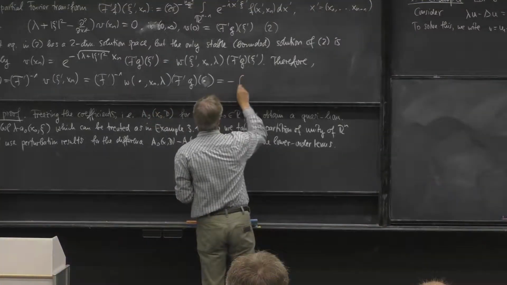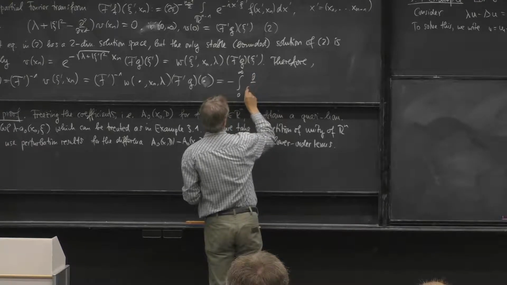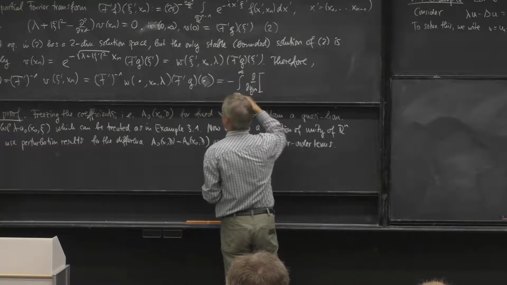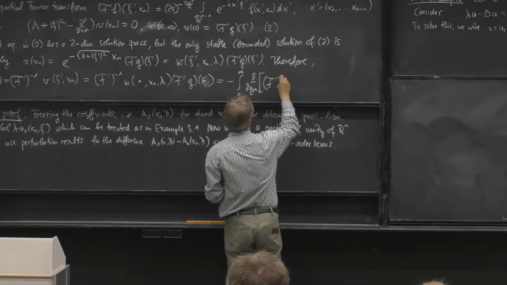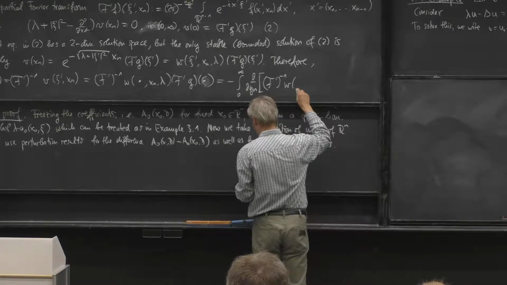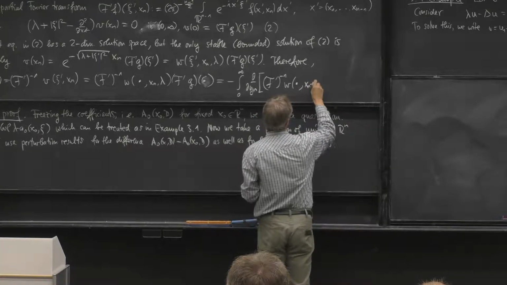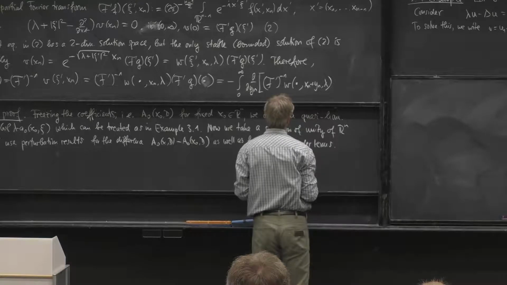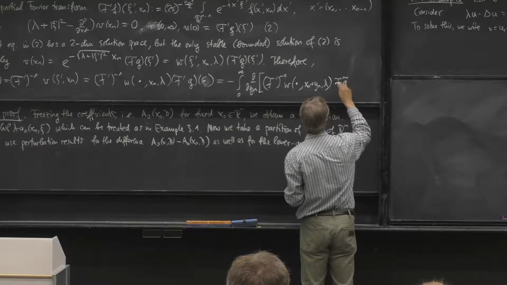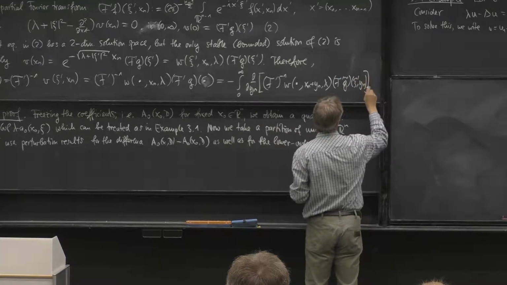So this is minus the integral from 0 to infinity of the derivative d over dyn of the same expression, f prime inverse, now I take W of psi prime, xn plus yn, lambda, and I take here f prime g tilde of psi prime, yn, dyn.